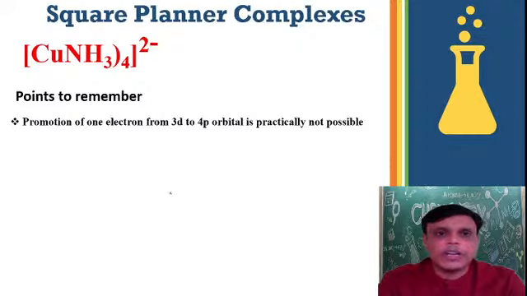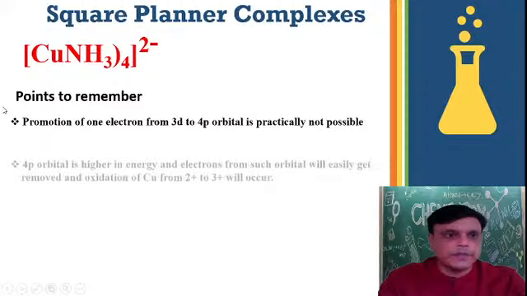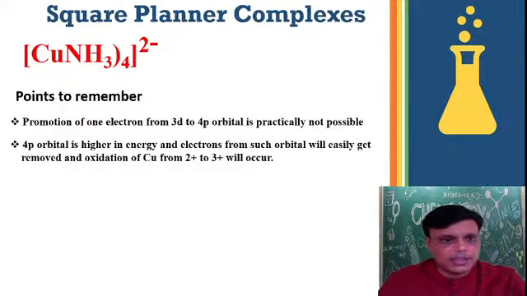The promotion of one electron from the 3d orbital to the 4p orbital is practically not possible, because this process requires energy, and nobody can answer where this energy comes from. Also, the 4p orbital is higher in energy, and electrons from such an orbital will easily get removed, and oxidation of copper will take place.